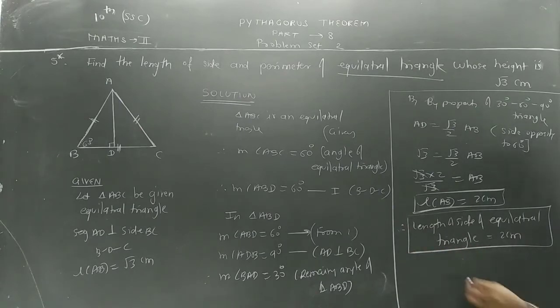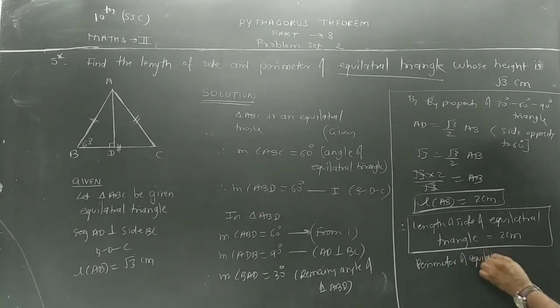And perimeter of equilateral triangle is equal to 3 into side. That is 3 into 2, 6 centimeter. That also you can write once again.